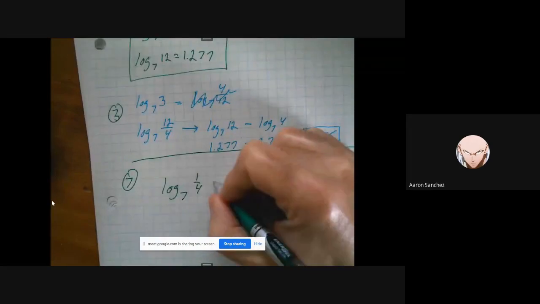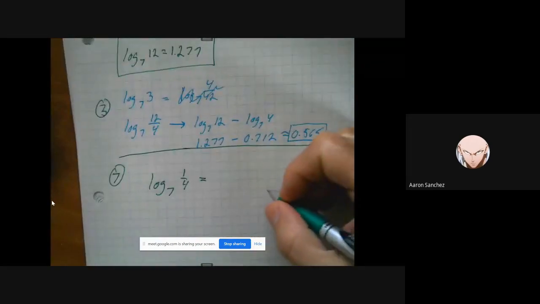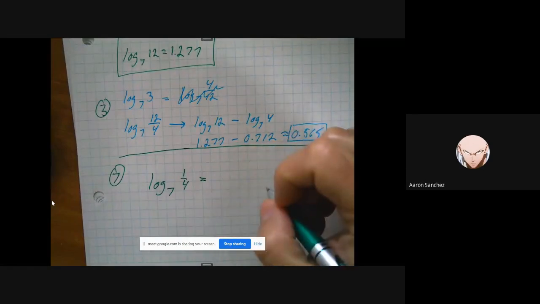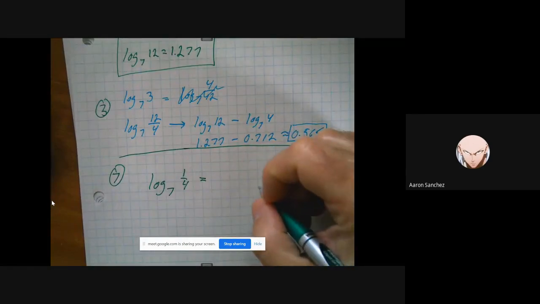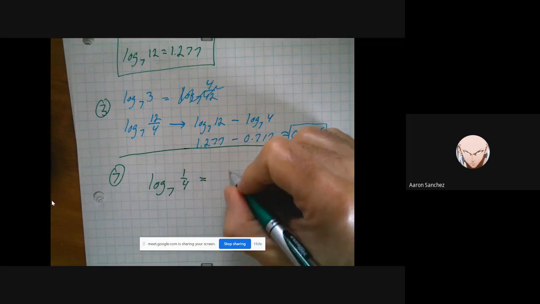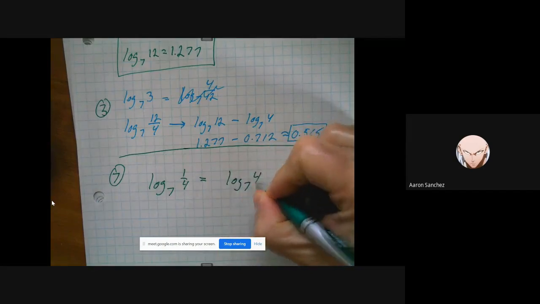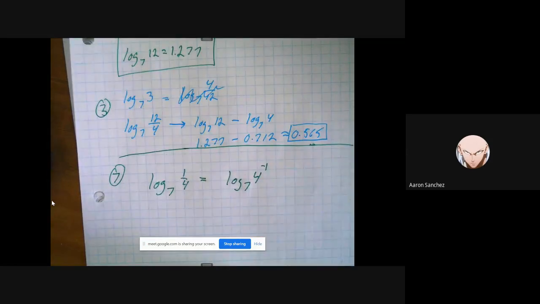I'd actually looked at the answers in this one because it was kind of weird what they wanted us to do. It's not weird, but you just have to really be creative. Log base 7 of 1/4 is equal to log base 7 of 4 to the -1 power, right? If I put a negative there, it's the reciprocal. Questions on that step?